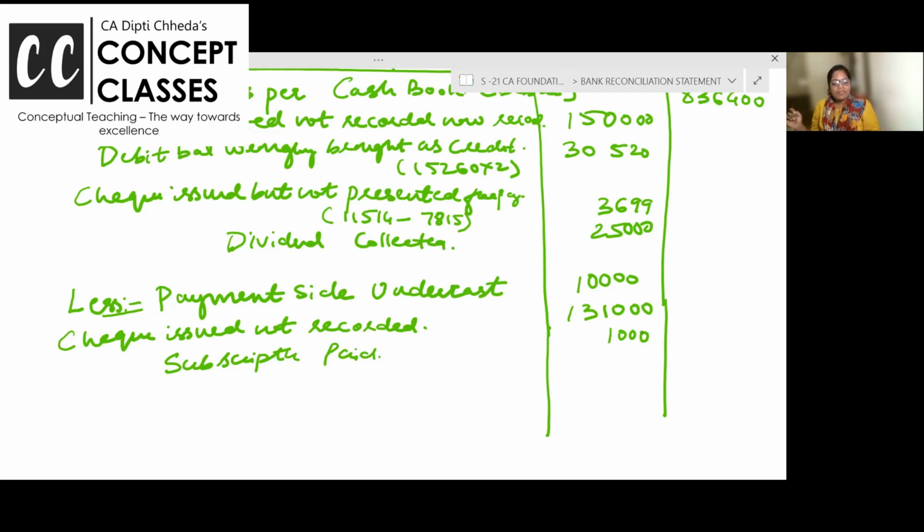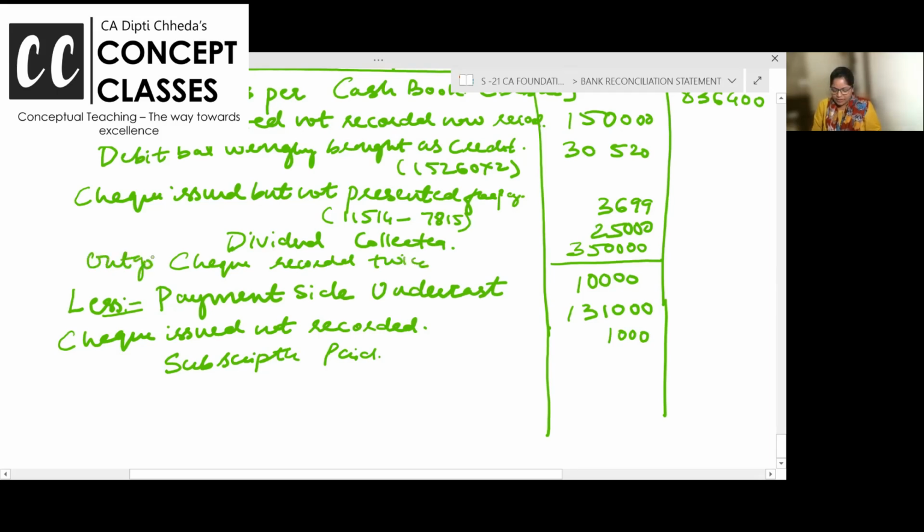Outgoing check of 350 was recorded twice in the cash book. Outgoing means twice you have credited. So now what should you do? Debit 350. Check recorded twice.